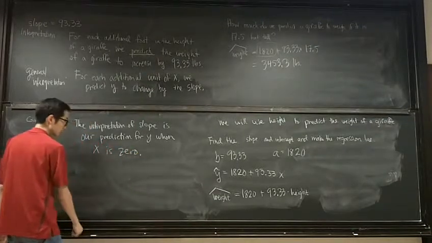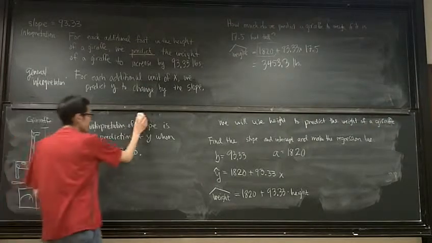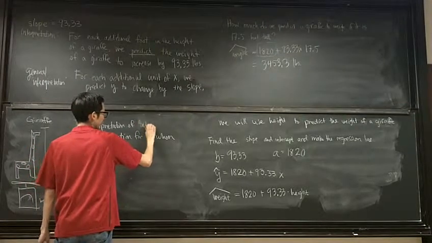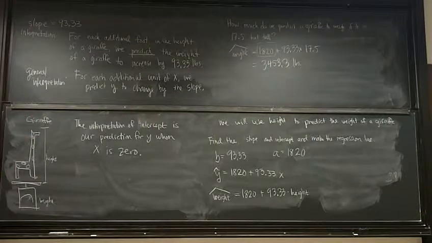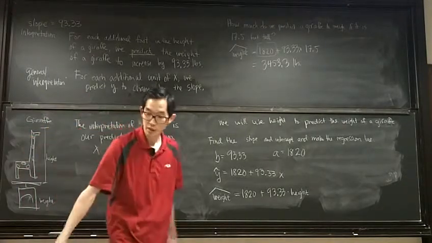Wait, don't you mean the intercept? Oh, I'm sorry, interpretation of the intercept, sorry. Thank you for that. It is our prediction for y when x is 0. That would be a big mistake.